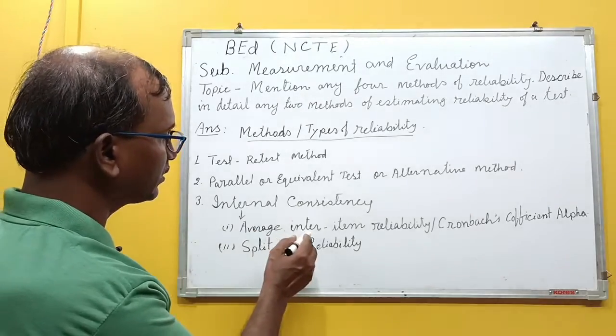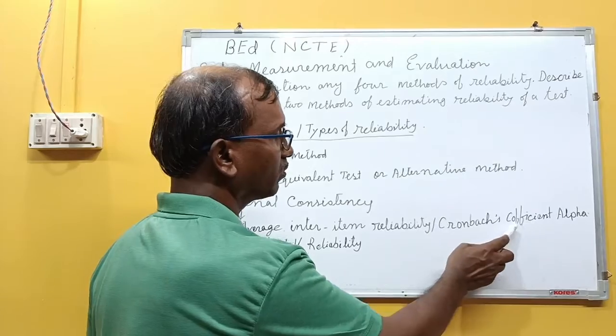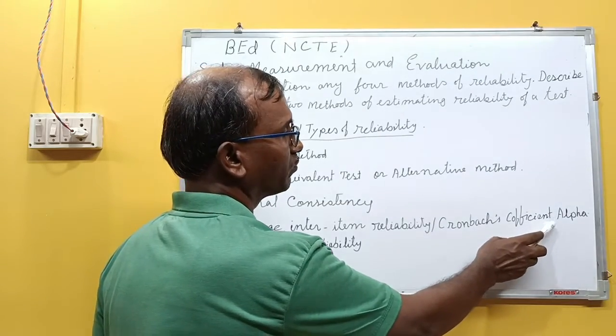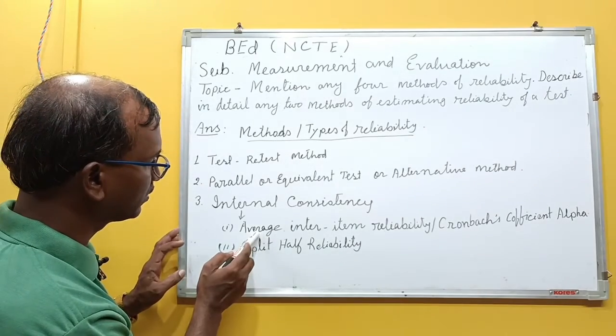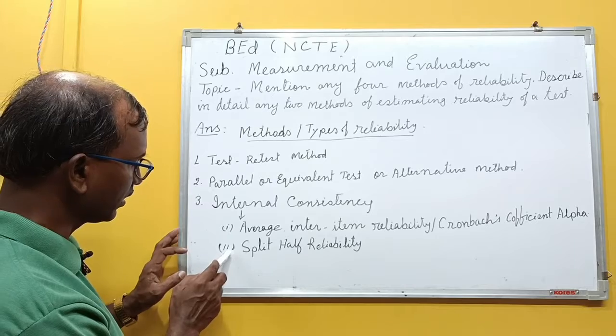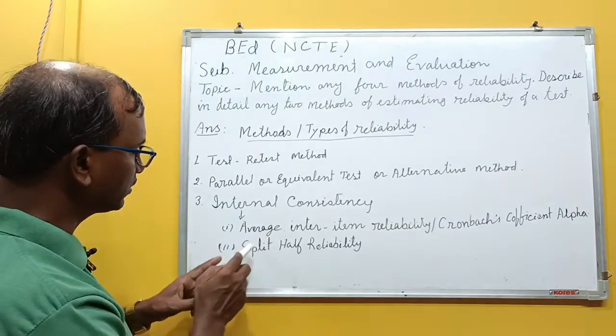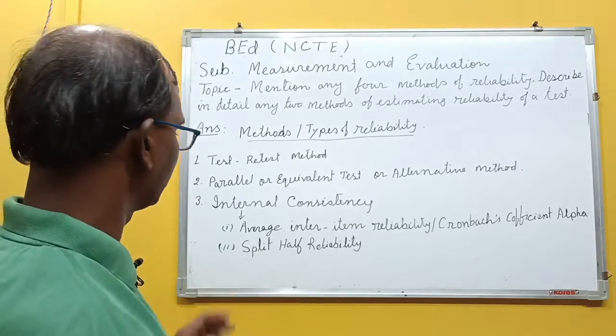So, average inter-item reliability and Cronbach's coefficient alpha. In most books you will get the term average inter-item reliability, and internal consistency may also be found out by split half reliability.